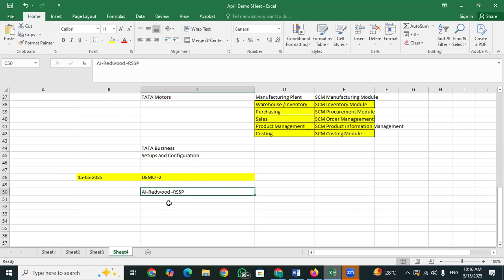Even existing consultants are not aware of some of the features on the AI, Redwood, and RSSP side. But in this training, you will be trained directly on Redwood and RSSP pages. That will be more comfortable and an additional benefit of this training.